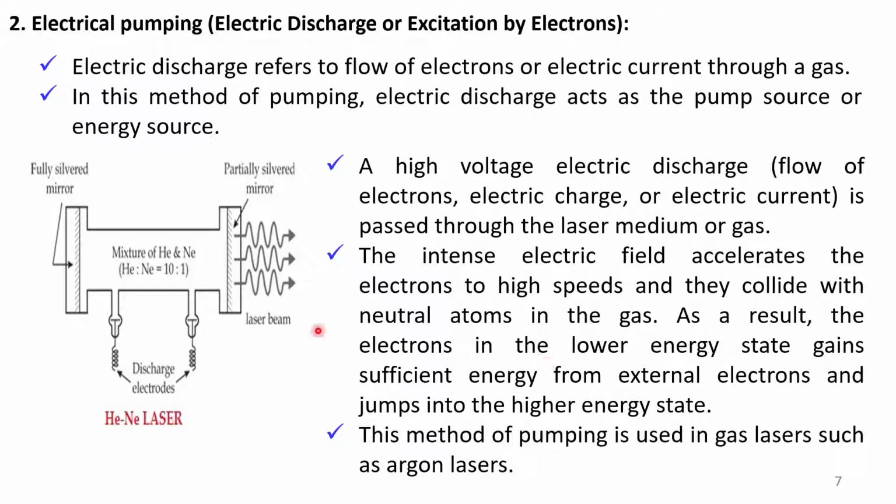Now that means simply we can say that when we apply a sufficient voltage across these electrodes, it produces an intense electric field, and this intense electric field accelerates the electrons to high speed, and these electrons collide with the neutral atoms in that gas medium, and as a result the electrons gain the energy and go from the lower energy state to the excited energy state.